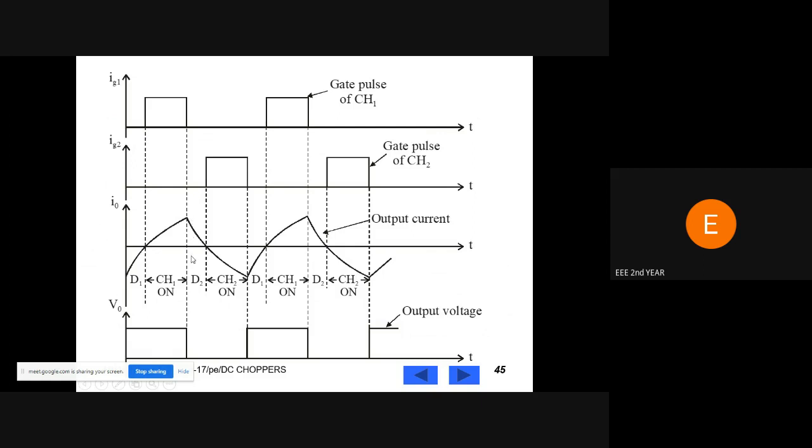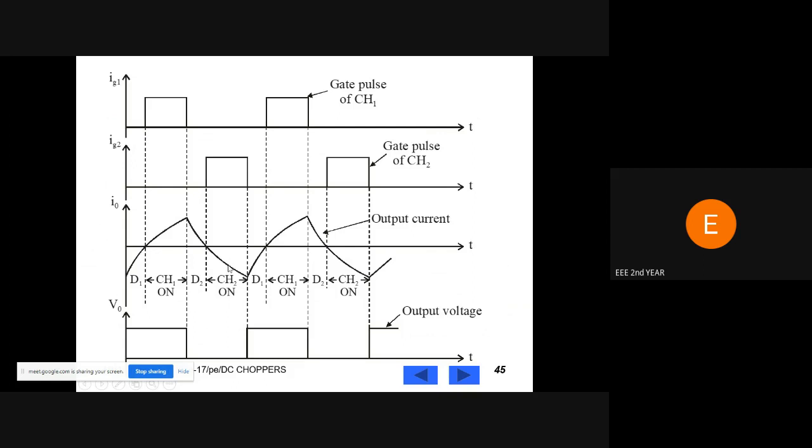During D2 operation, the current reduces from the maximum point to 0. At that time the output voltage becomes zero, and only the current flows to the load, because of the inductor present here.